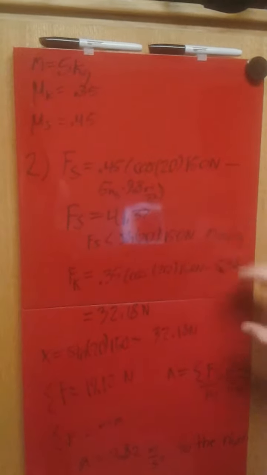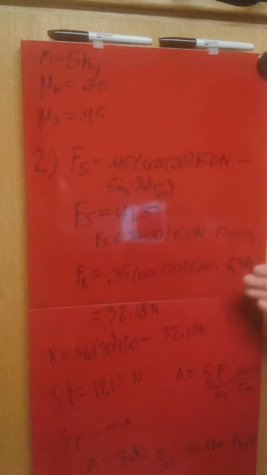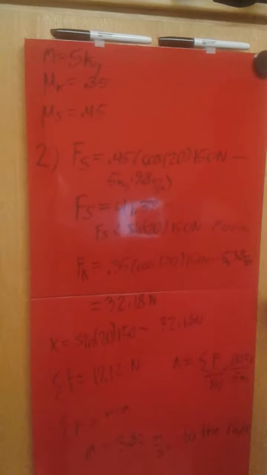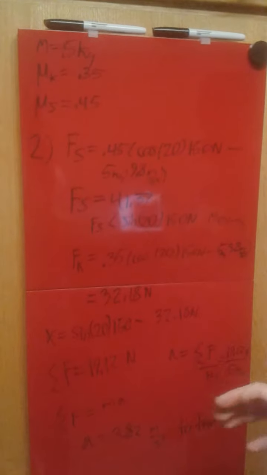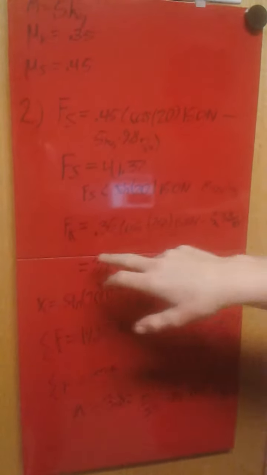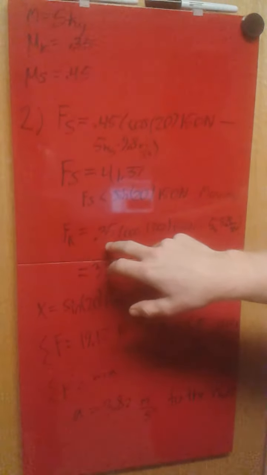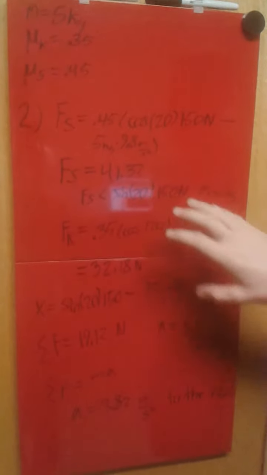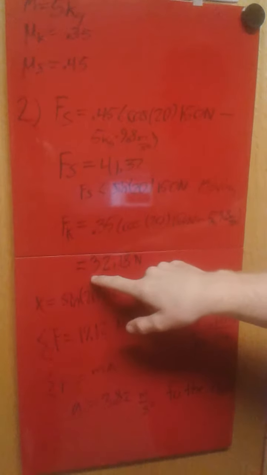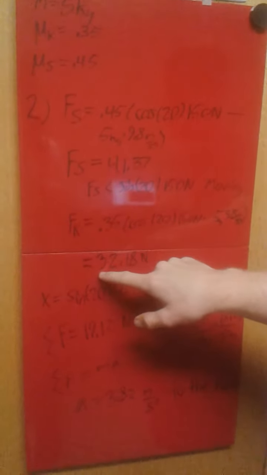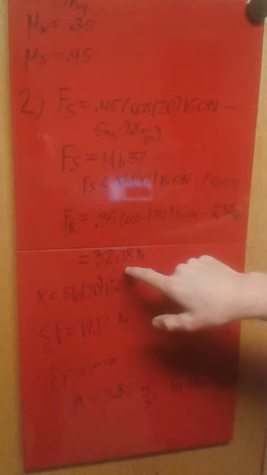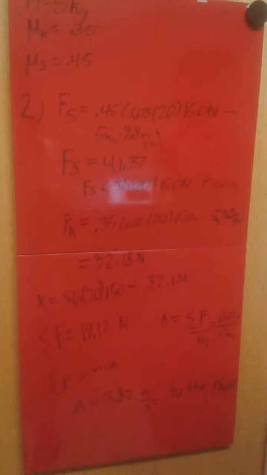And after checking that, now we need to move to kinetic friction and see how much it is accelerating to the left, or what direction it is accelerating. So force of kinetic is equal to 0.35 times the normal force, which is going to get us 32.18 newtons.